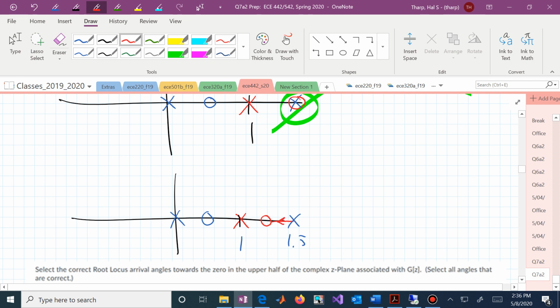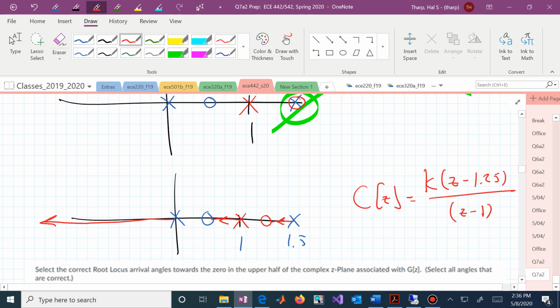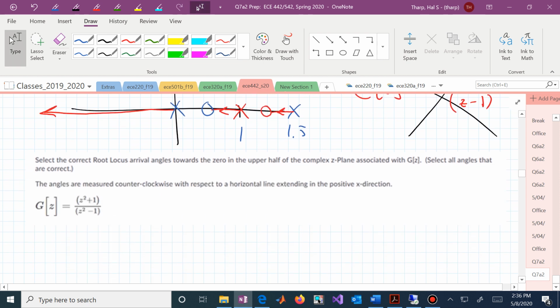That immediately says we have now fixed a closed loop pole between 1.5 and 1.25, and will never, for k non-negative, remove that unstable pole outside the unit circle, even though we have these others that could be stable. So this C of z with a 0 at 1.25 is also not going to be producing a stable closed loop system. That's why we wouldn't check that one.